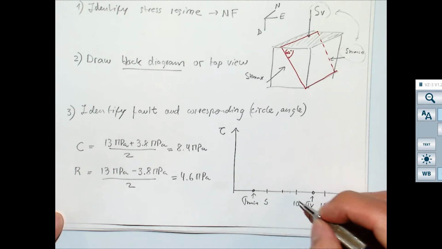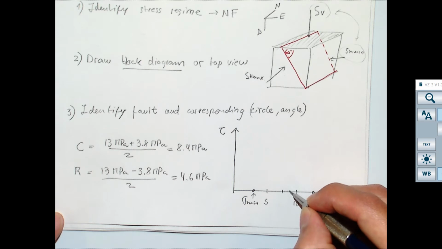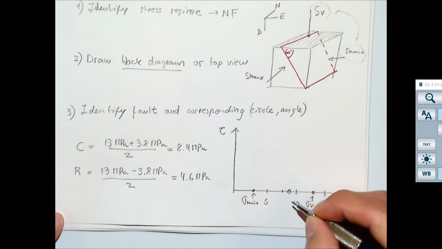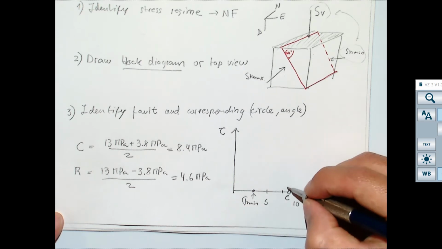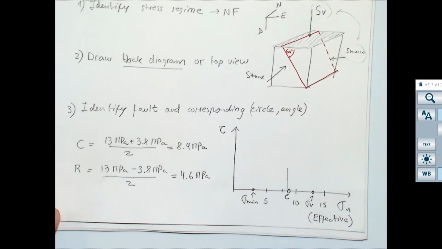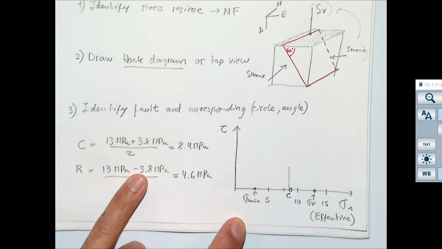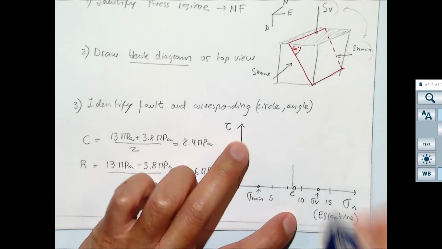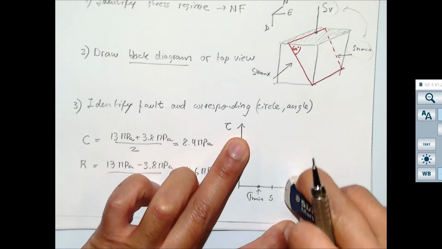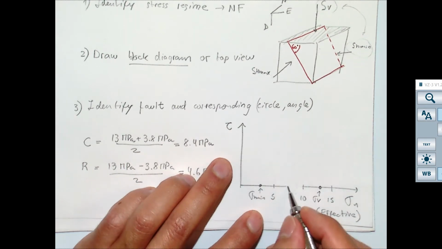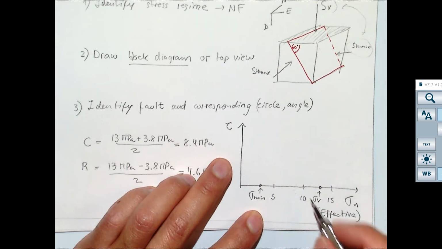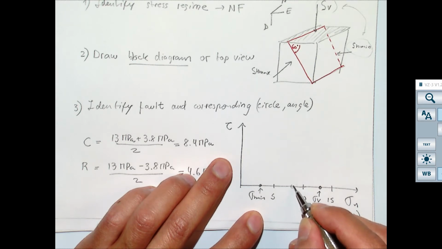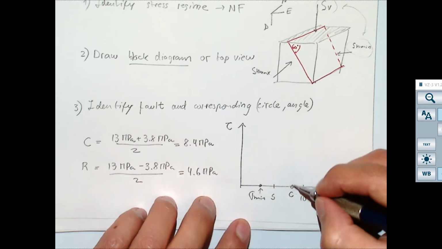So, okay, so I go now here to 8.4, which is somewhere over here. This is going to be the center. This is going to be the radius. I'm trying to make my circle as nice as possible. So if this is 5, this is 10, 8.4, I would say somewhere over there.